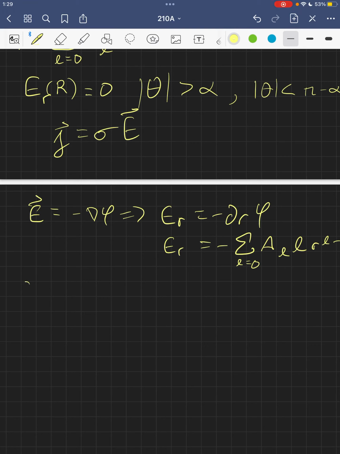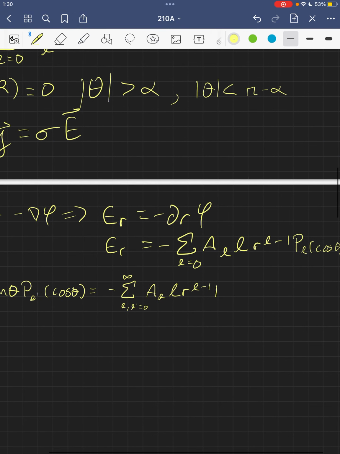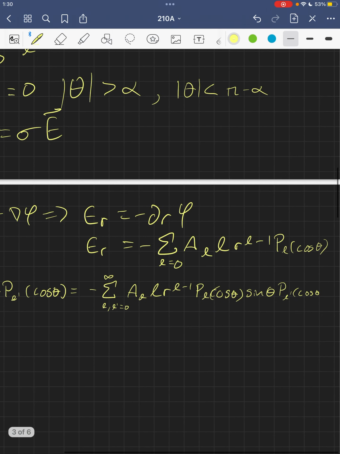So we'll do sine theta, P_L prime of cosine theta, is equal to negative L times A_L. And these really should be two summations, but it's not too important, and you'll see why. So we have this, and then we have the sine theta term and the P_L prime cosine theta term.